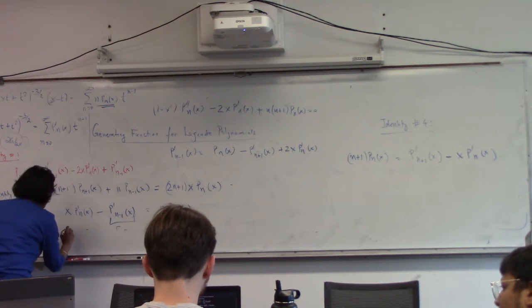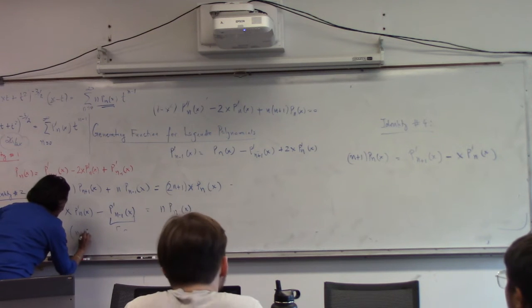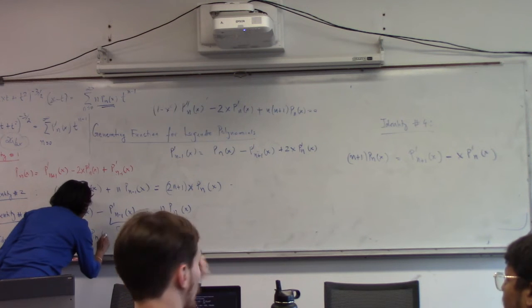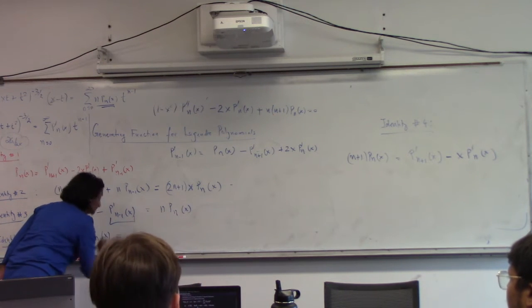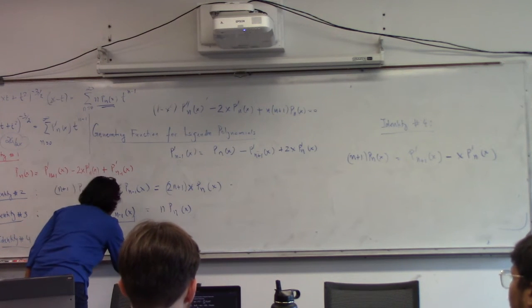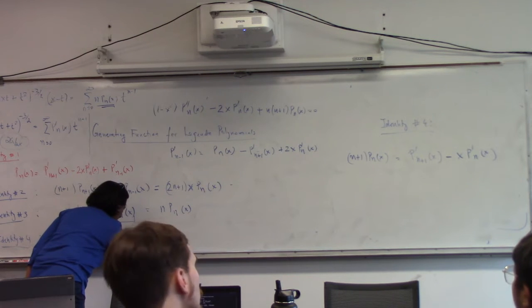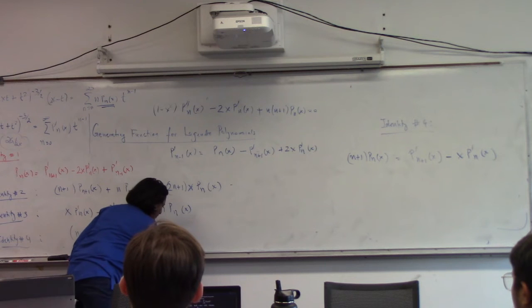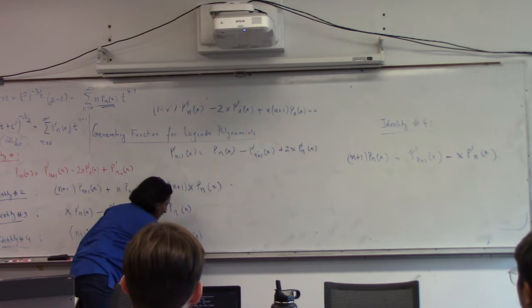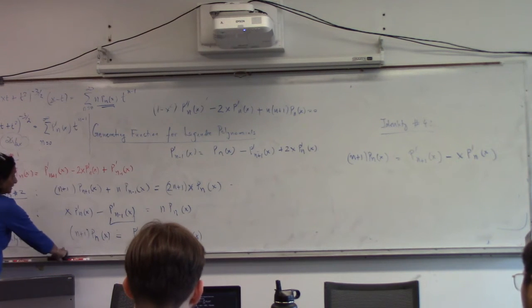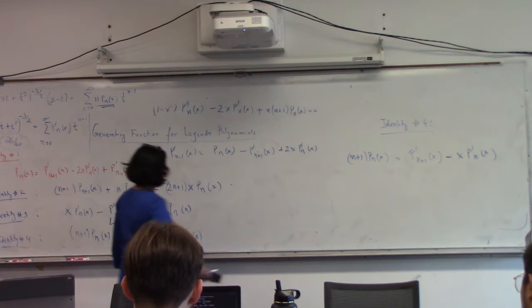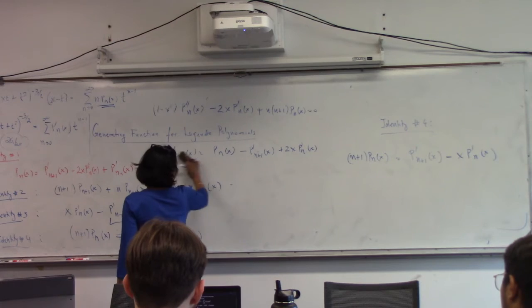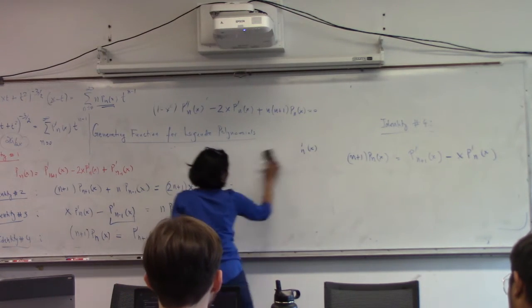Now, this is the fourth identity: minus x p prime nx. All right, I think a little more algebra, and then we'll be done. I think we'll be able to get it. I think I don't need this anymore.